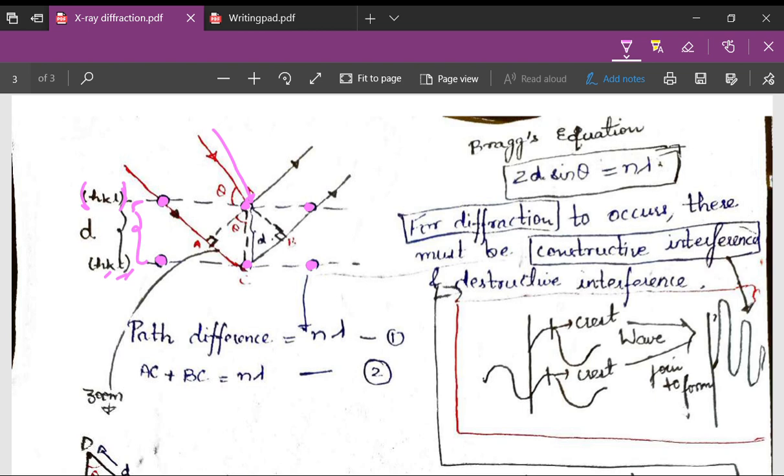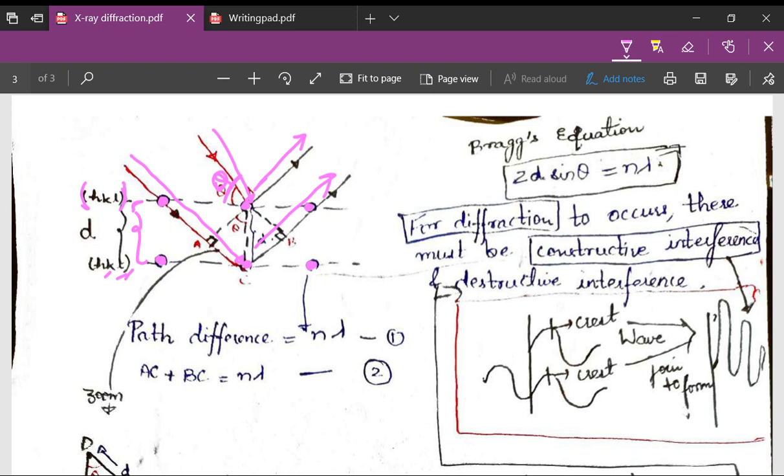It reflects the ray of beam at a particular angle. Suppose the angle is theta. Then when the second ray hits the atom just beneath this, it also reflects the ray.